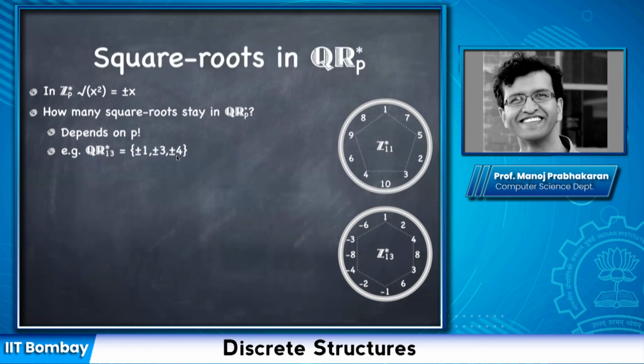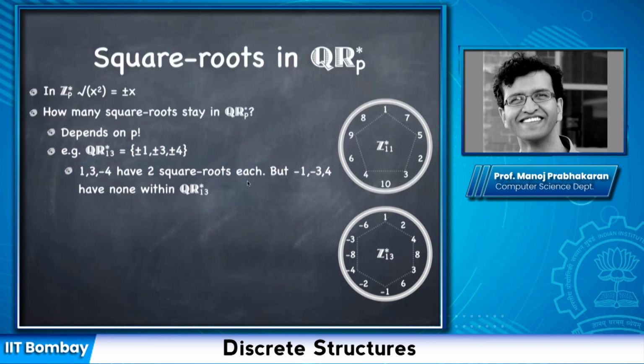Okay, so here, if I took an x square, so I took an element in QR13 star, and looked at its square roots, both its square roots would necessarily be in QR13 star. So within QR13 star, these elements 1, 3, and 4 have 2 square roots.